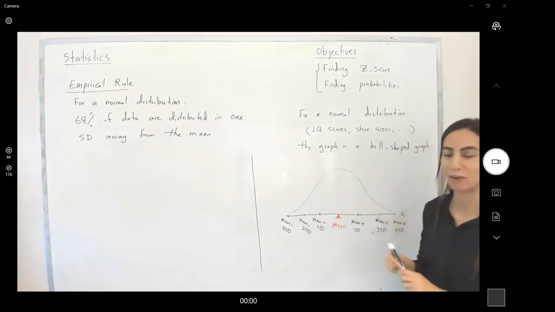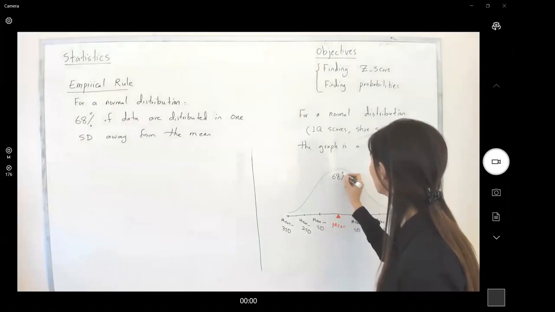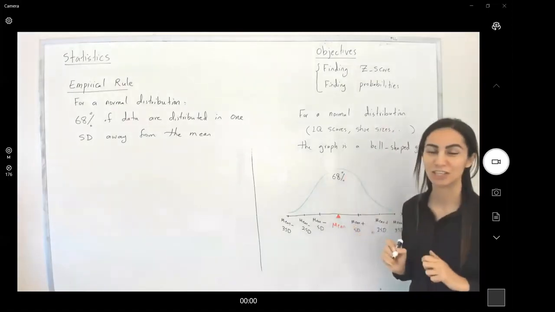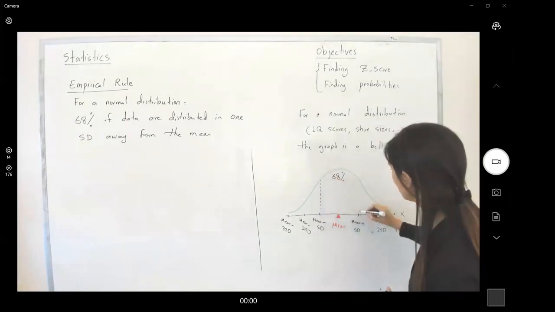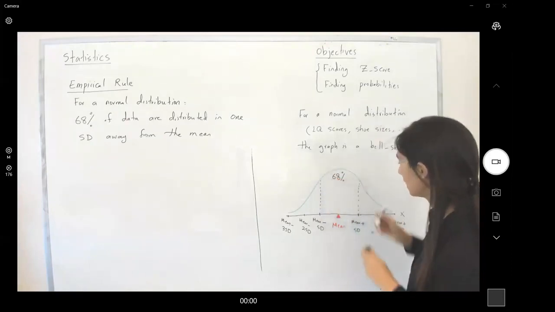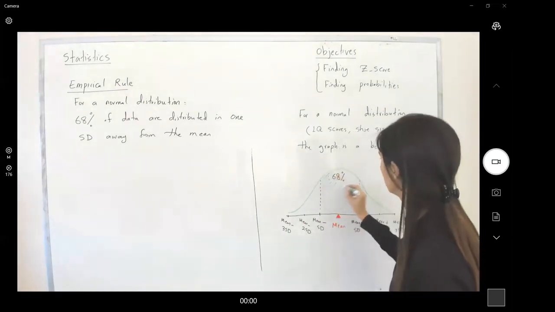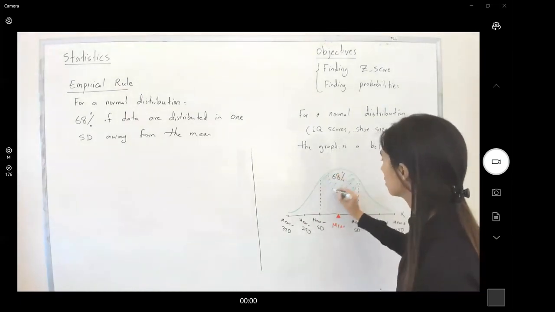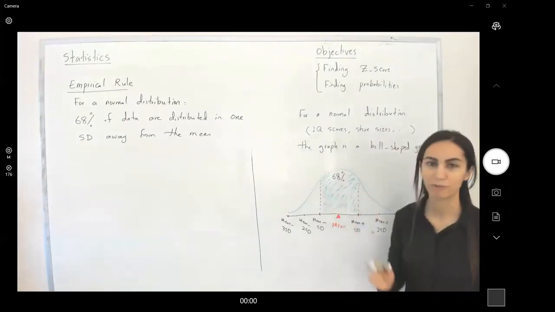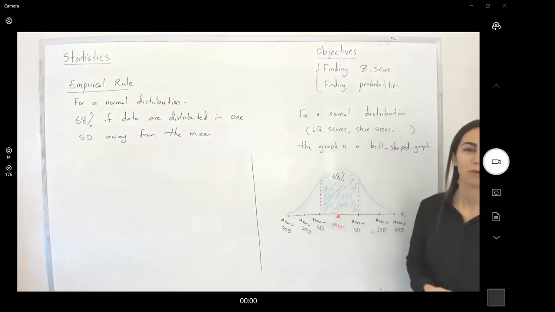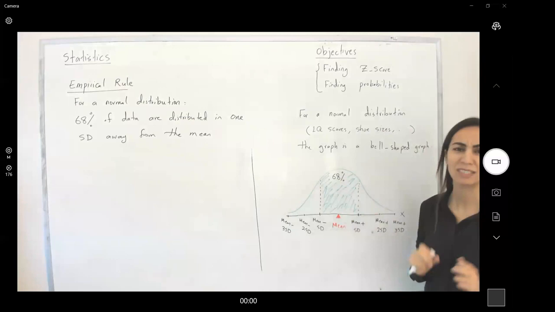So 68% of all students in the class have, for example, an average exam score near the mean.